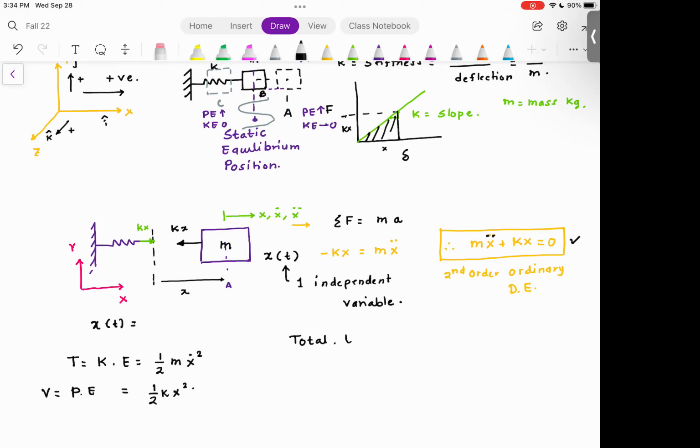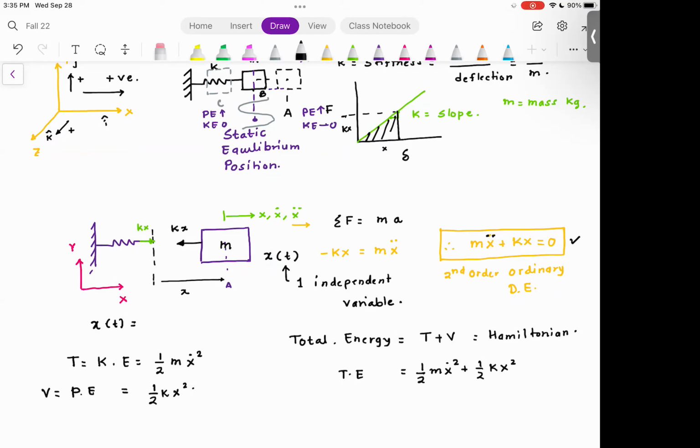Total energy is equal to T plus V. Are you with me? There is a special word for this. It is called the Hamiltonian. So now total energy is T plus V, which is 1/2 m x dot squared plus 1/2 k x squared.